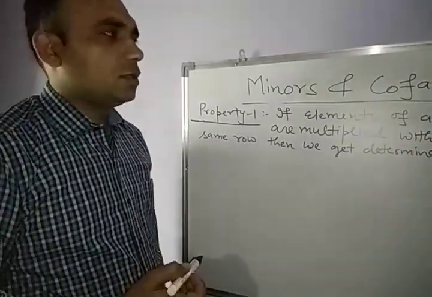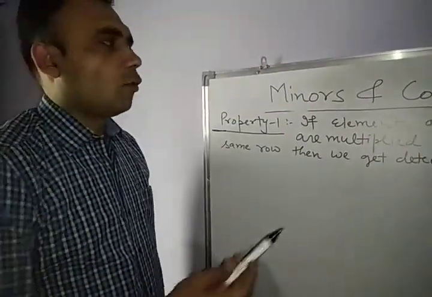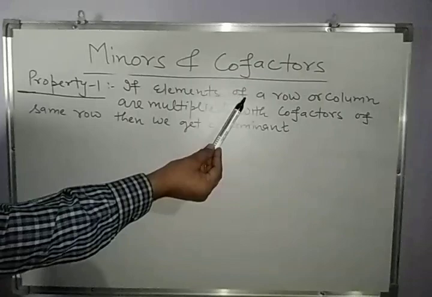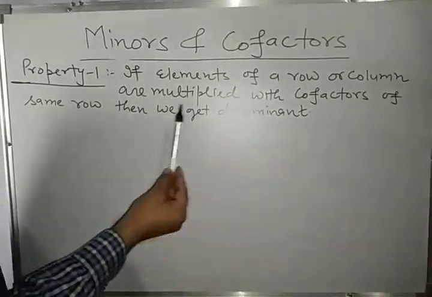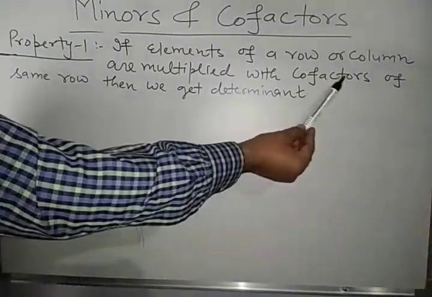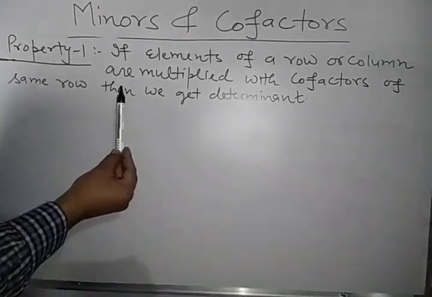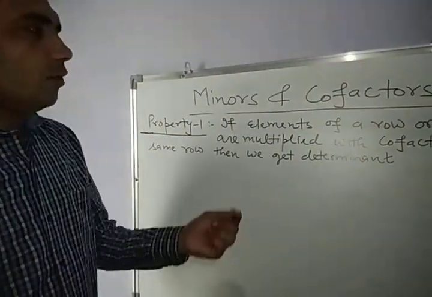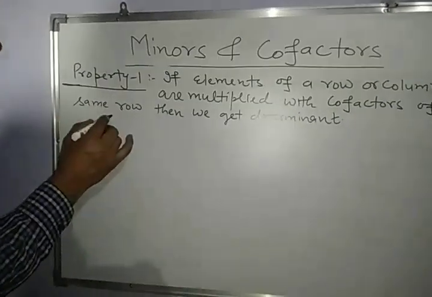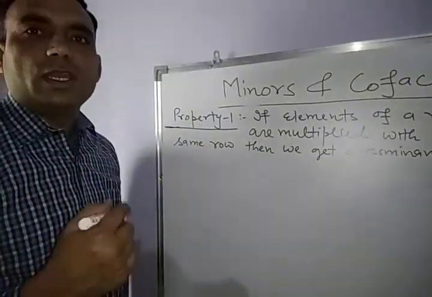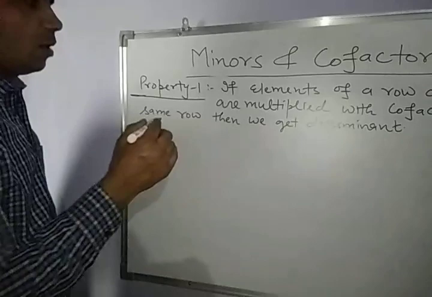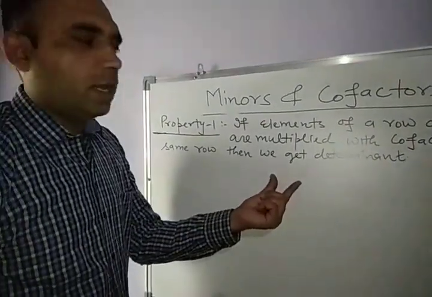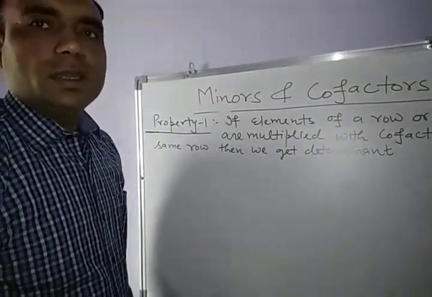Now we will discuss some important results of cofactors. The first property is: if the elements of any row or any column are multiplied with the cofactors of the corresponding elements of the same row or column, then we get the determinant.